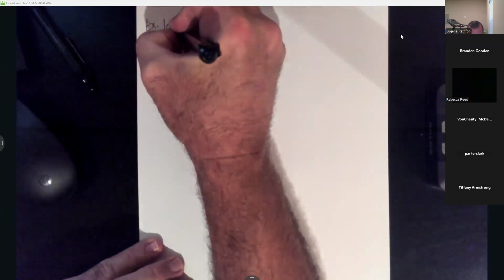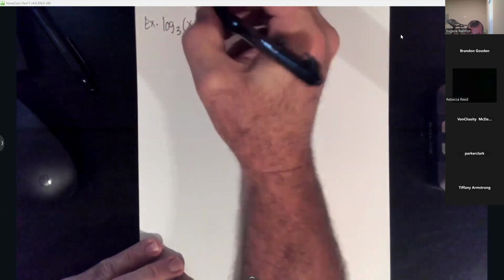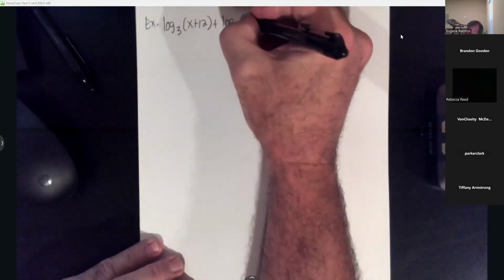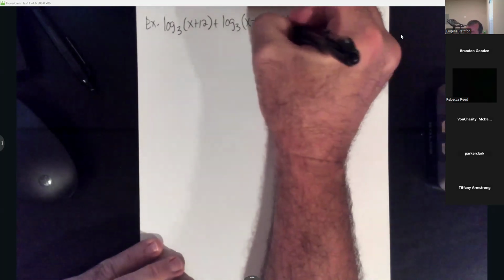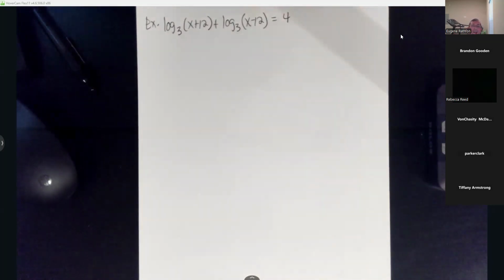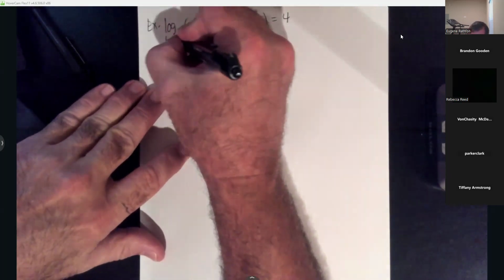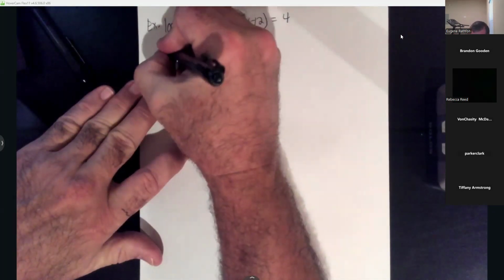All right, so the last one I'm going to do with the logs has a log base 3 of x plus 12 plus a log base 3 of x minus 12 all equal to 4. So nothing I can do on the right side, but y'all look here, you got 2 logarithms, and we're going to rewrite this as a single log.